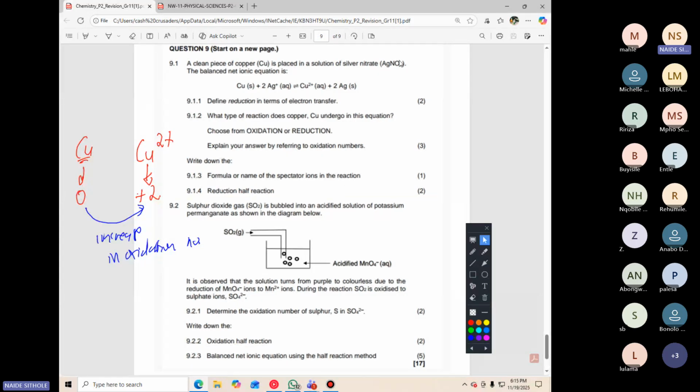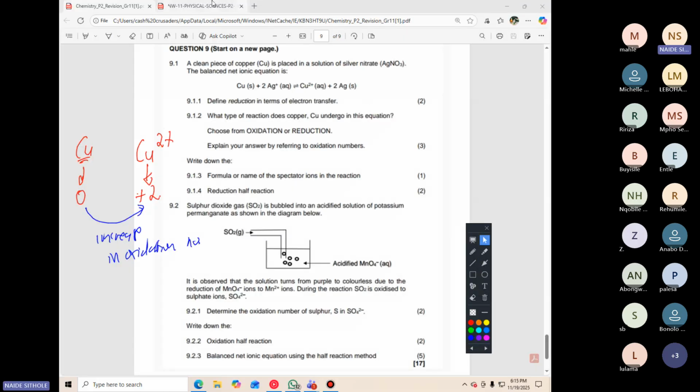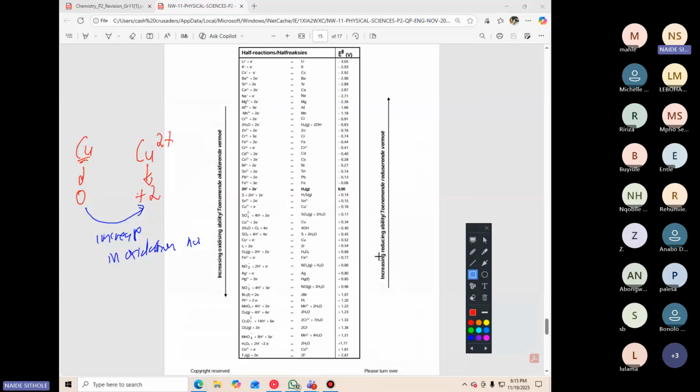It's copper and silver. Then you are going to say, I have my copper. Where is it? Remember, I said for copper, you must always take lattice 0.34. You ignore the rest of them. Do not ever use those other ones. We only stick to this one.